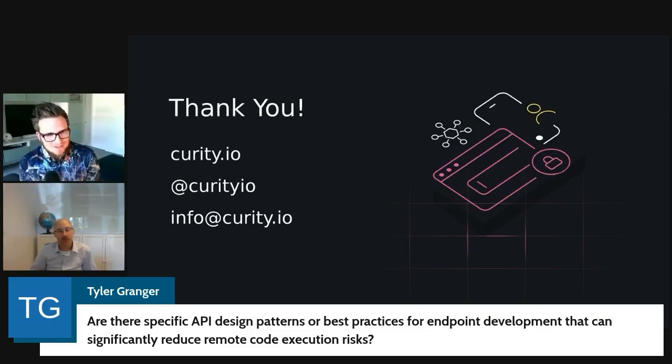Next question that just came in: are there specific API design patterns or best practices for endpoint development that can significantly reduce remote code execution risks? Remote code execution risks. Yeah, I feel like this one goes a bit beyond. I mean, remote code execution sounds more like I'm getting some sort of code installed on a laptop or something.